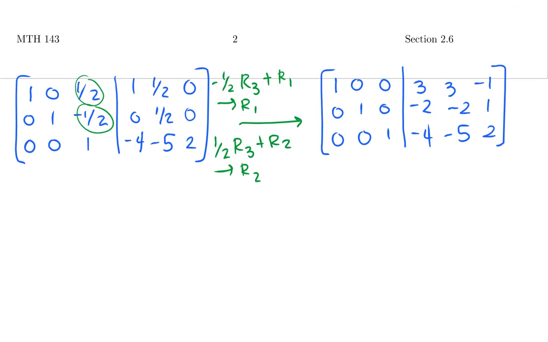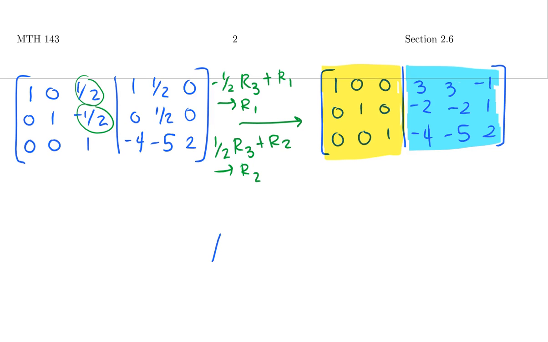Okay. So we have the identity matrix on the left, and on the right-hand side, we have our inverse matrix, A inverse. Because the matrix on the right-hand side has been recording everything that we did in order to get the identity on the left-hand side.